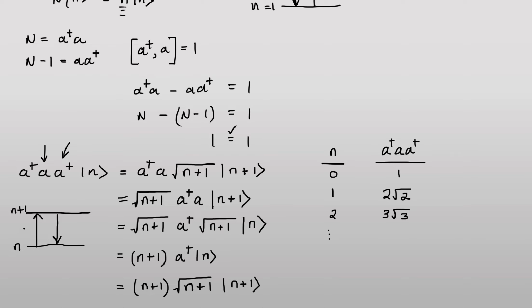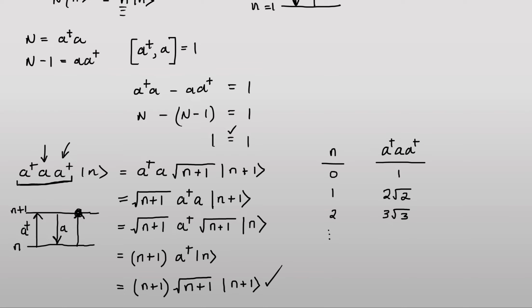So this is a dagger, this is A, and then we have our a dagger again. So we take our particle and we create the n+1 state out of that. So we end up right here in the n+1 state.